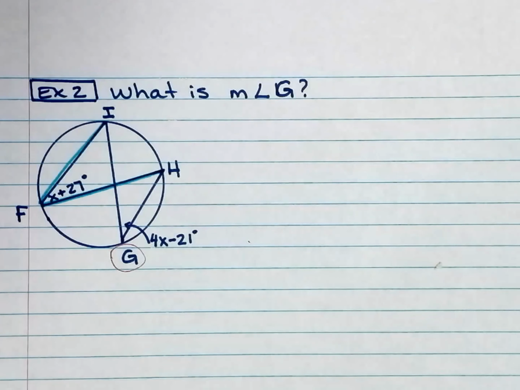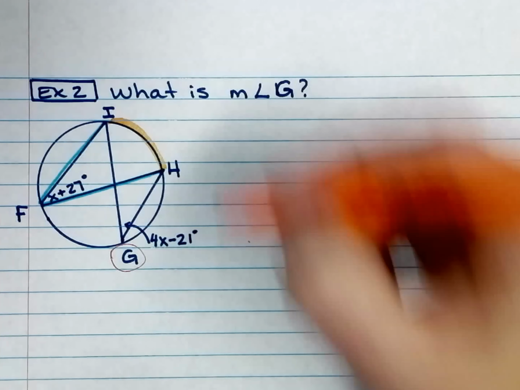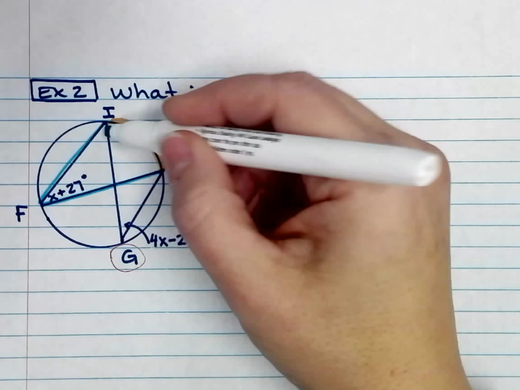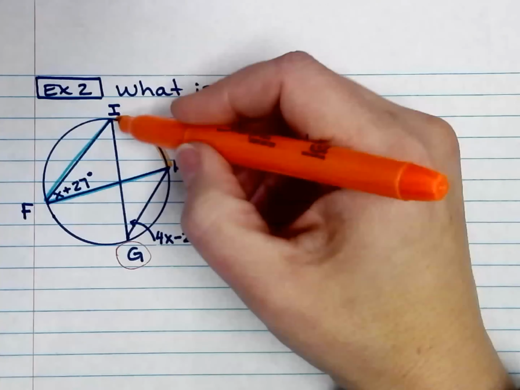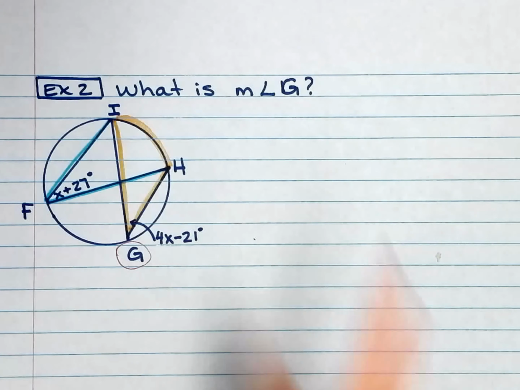This is angle F. We're looking at the arc HI. Notice how angle G is also there intercepting. I should use a different color. There we go. Angle G is also there intersecting the same arc.